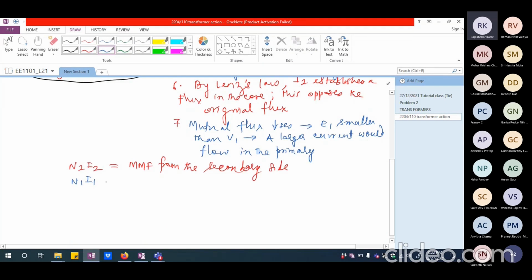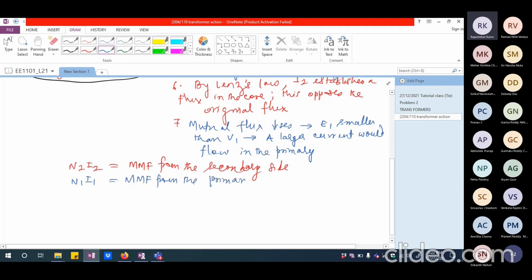That is not going to be killed. To counteract the secondary current, the primary will draw a larger current such that the primary MMF and the secondary MMF become almost equal to each other.